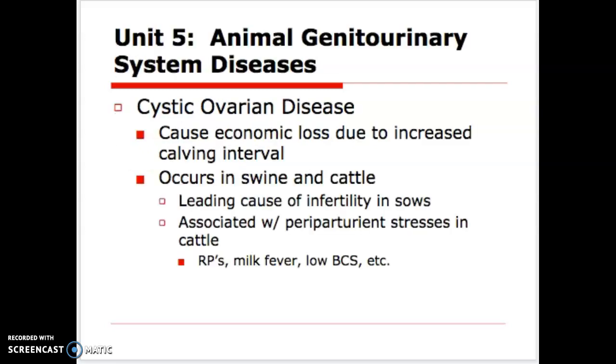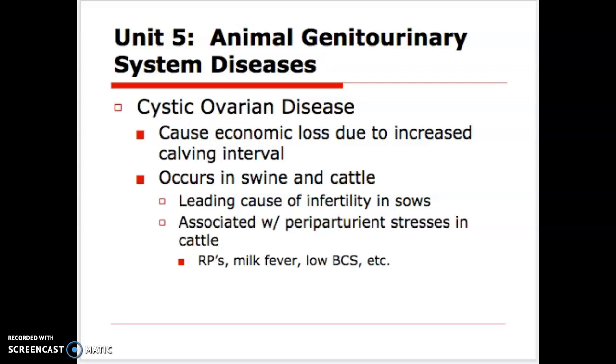Cystic ovarian disease is a really common disease out there in the industry among female breeders. It causes economic loss due to increased calving interval or increased foaling interval, and it occurs both in swine and cattle, and is actually the number one cause of infertility in sows.